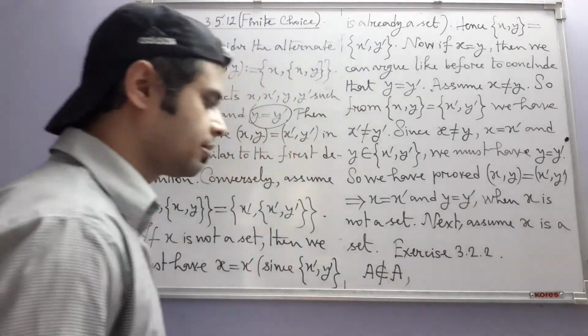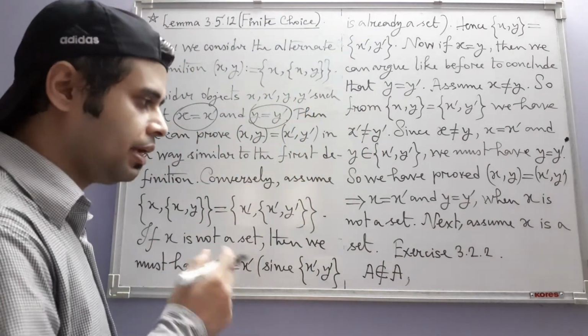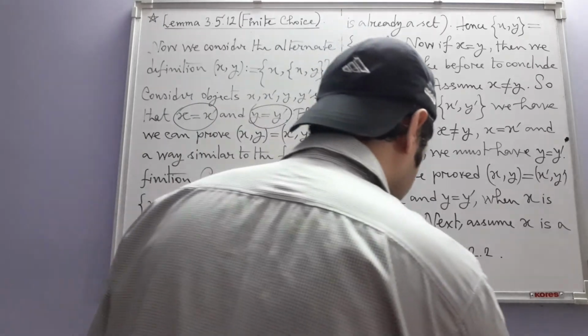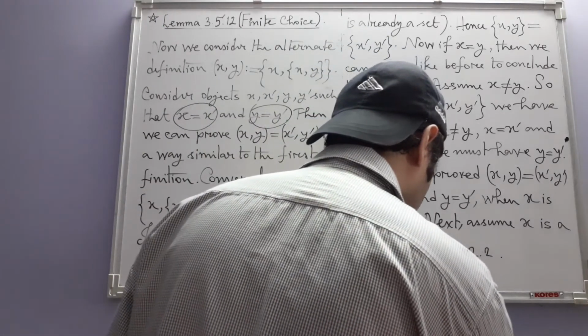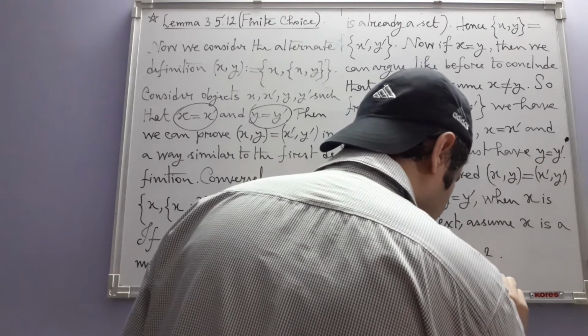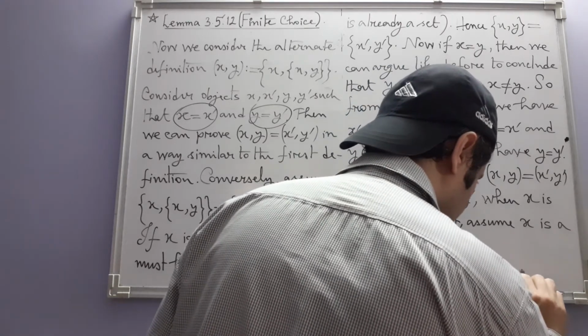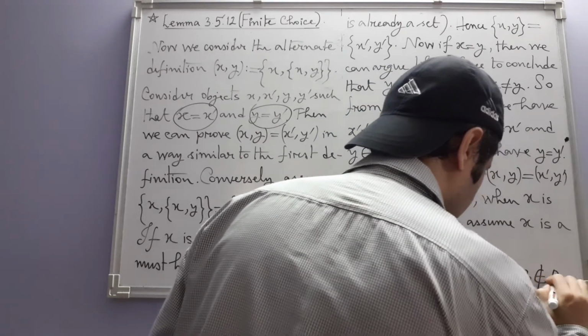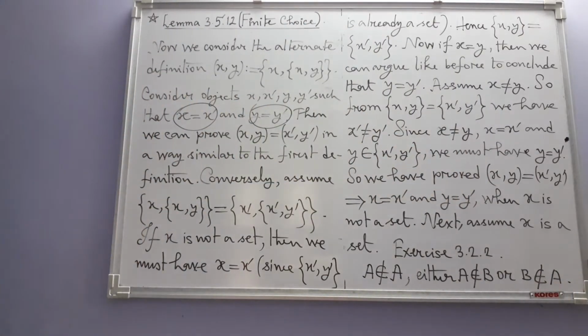And another part says that if A and B are two sets, then either A does not belong to B or B does not belong to A. This is already done for us and we are going to use this.